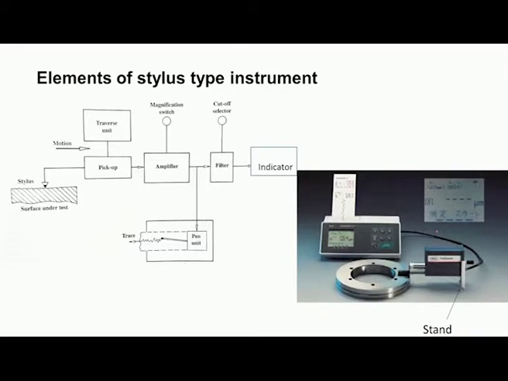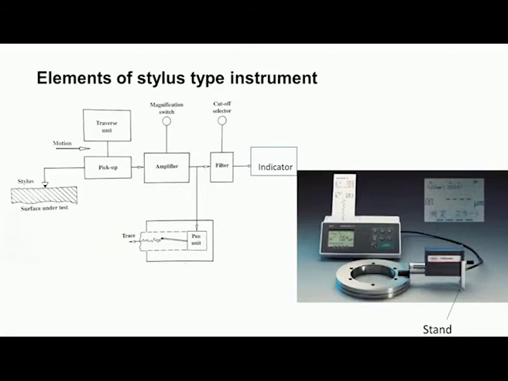Now, you can see a commercially available setup here. This is the workpiece for which a surface finish is to be measured, and then this is the instrument, the stylus type instrument, and this is the probe.